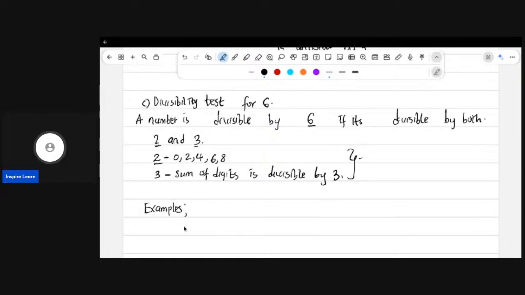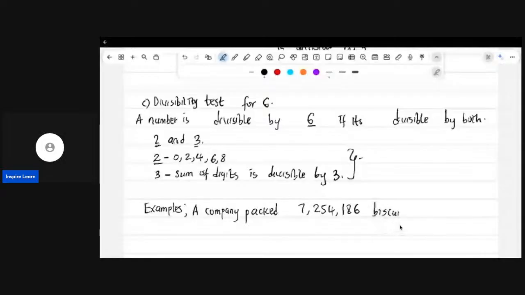So the example says that a company packed 7,254,186 biscuits equally into 6 containers.